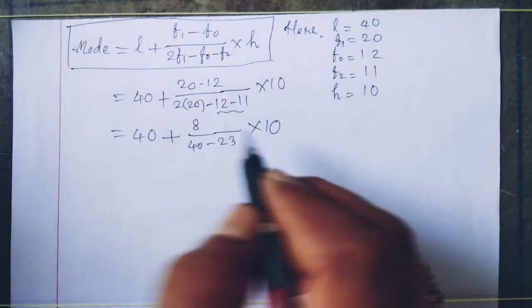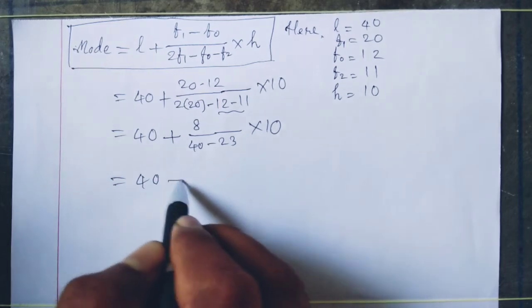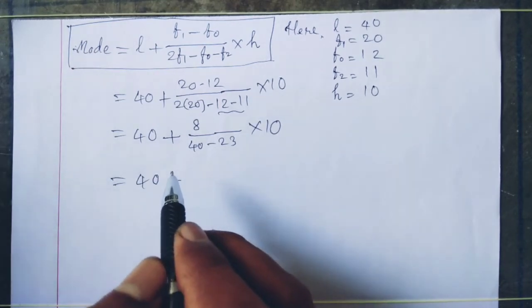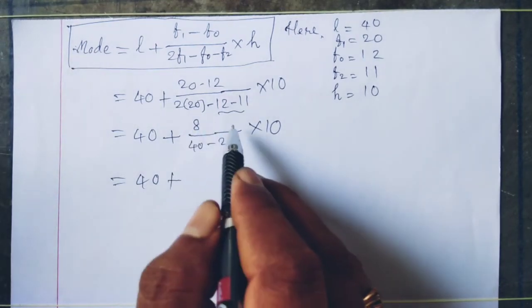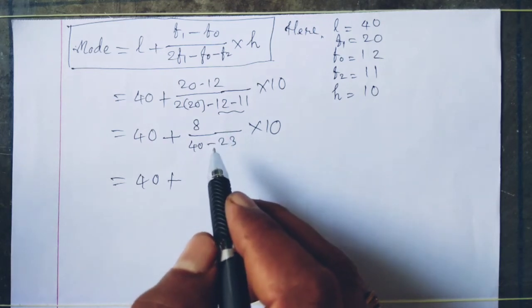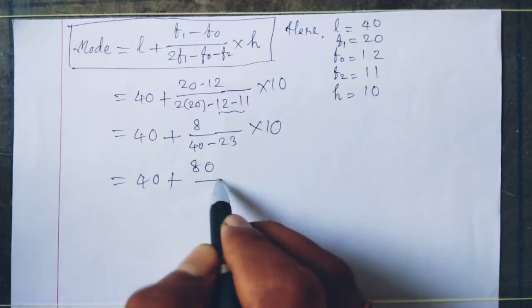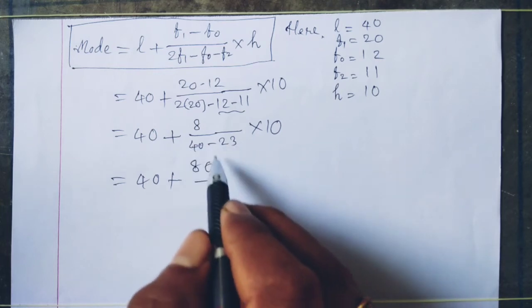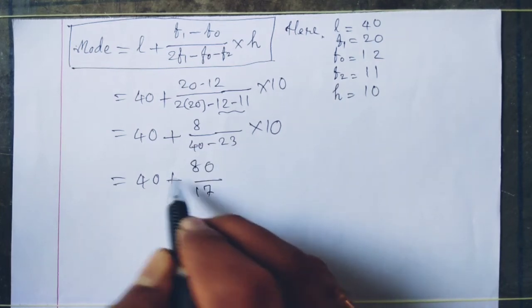So here 40 plus 8 tens are 80, by 40 minus 23, 17.